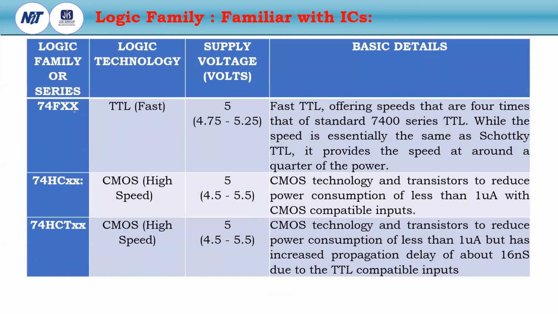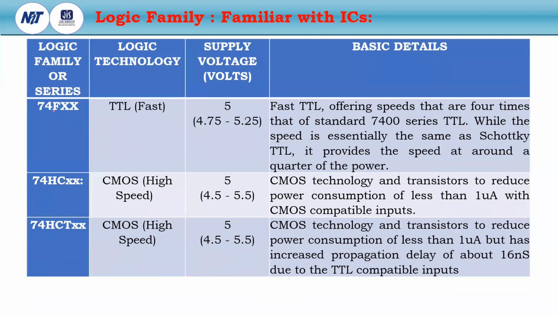Now the 74FXX, that is the very fast TTL. While the speed is essentially the same as the Schottky TTL, it provides the speed at around a quarter of the power. And another 2 types, that is called 74HC, that is the CMOS.